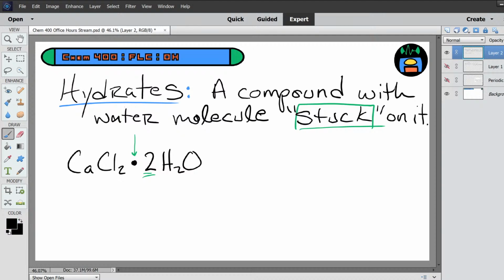So the way you'd name this is you name it like you would any ionic compound. This is calcium chloride.